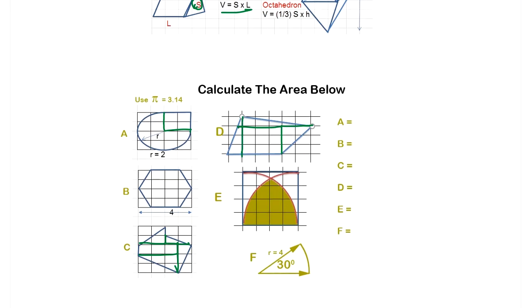This one needs a little bit of challenge. You can stop the video and try to calculate the area of this. One YouTube video shows how to calculate this one. I'd like you to try this. The fun part of geometry is solving challenging questions.